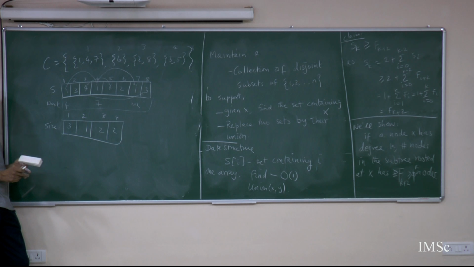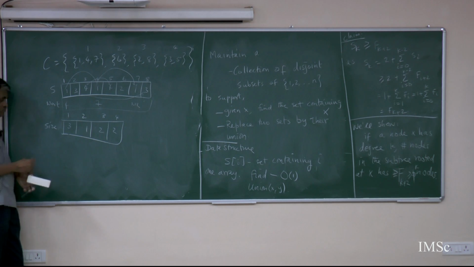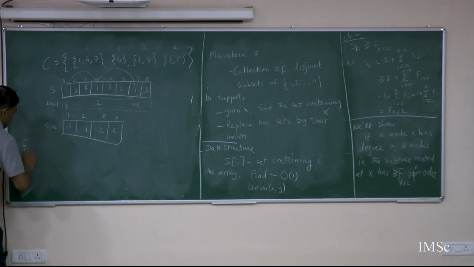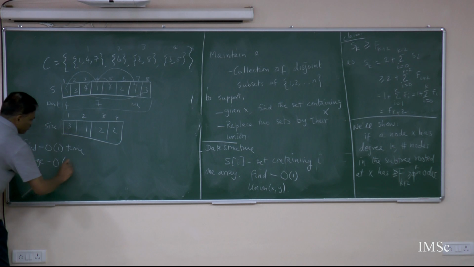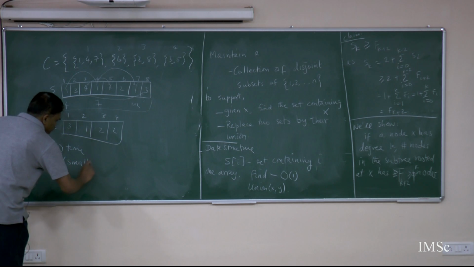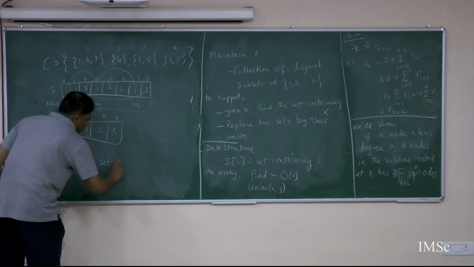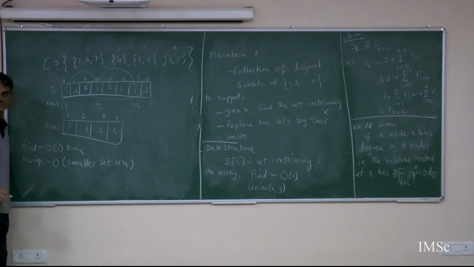So find is constant, and merge is proportional to the smaller set size.